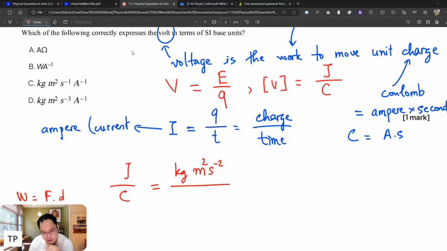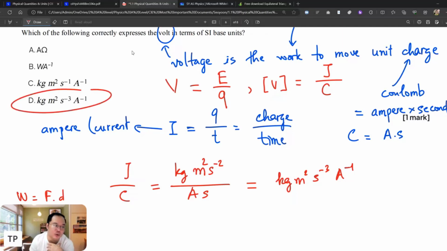So I will combine the meters. Okay. Coulomb is here, ampere second. Okay. So the final unit is kilogram meter squared second to the minus 3, right? Minus 2 on the top, and then divide by second again, minus 3, and finally ampere to the minus 1.